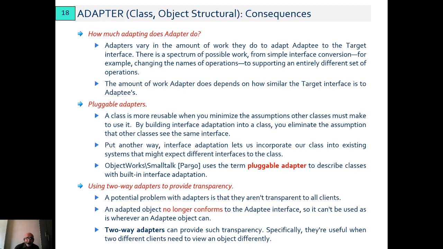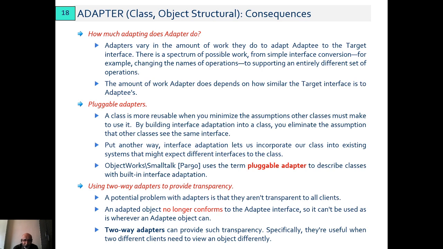Now, how much adapting does the adapter do? It depends on how similar the target interface is to the adaptee. If there are very many dissimilarities, then extensive work is required to be done by the adapters. Pluggable adapters can be used to have many classes communicate with a single class through a single adapter, right?